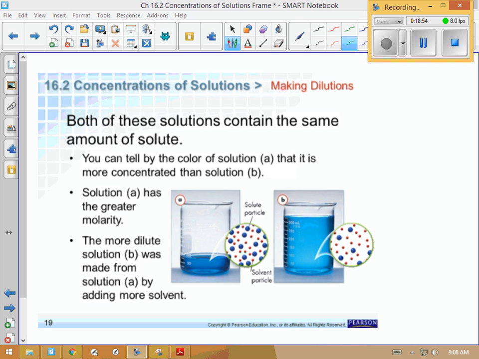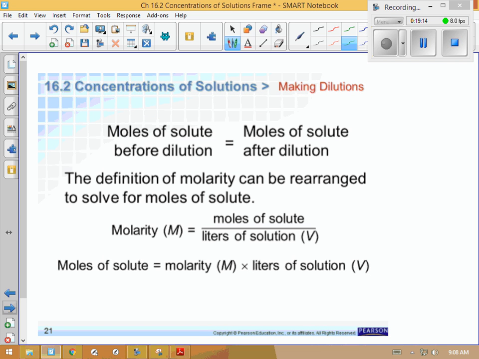Solution A right here would have a higher molarity. It has more moles of solute per liter, okay? I add water, like I'm diluting acid in the stockroom, and I end up with a lower molarity solution. I add more solvent, I make it lower molarity.